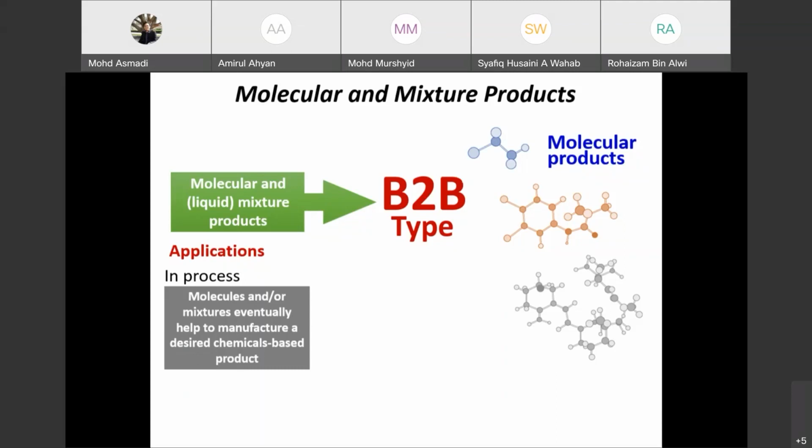For example, you send it to the chemical company, chemical industry, to produce another intermediate, which can be used by the polymer industry and then converted to the final product. Okay, maybe can be converted into the bottle, right? So that is the example. So generally is a B2B type.